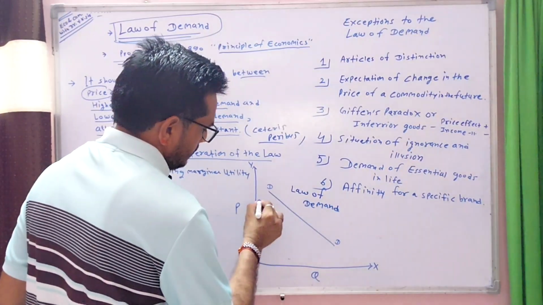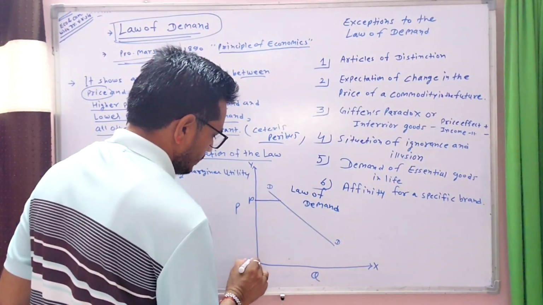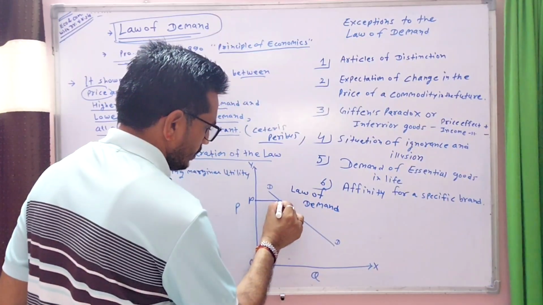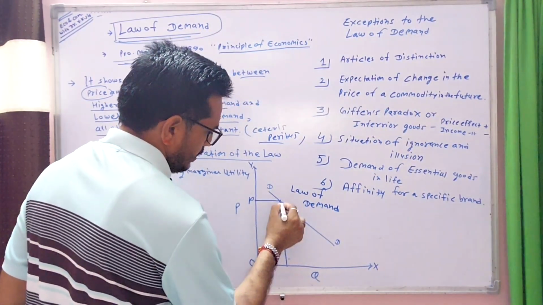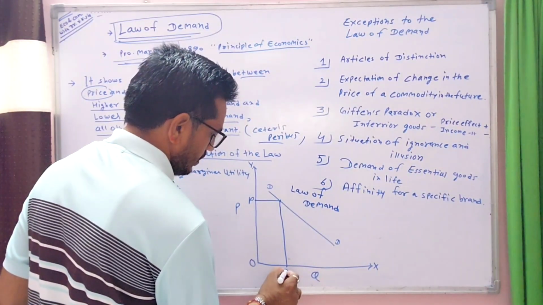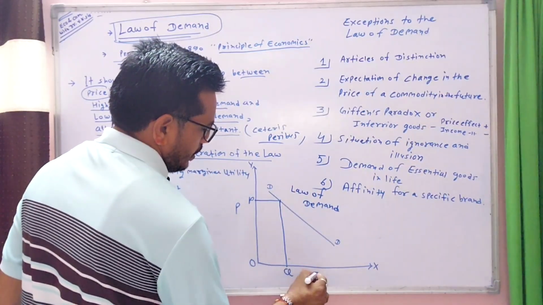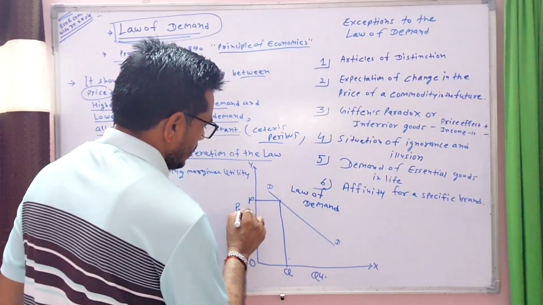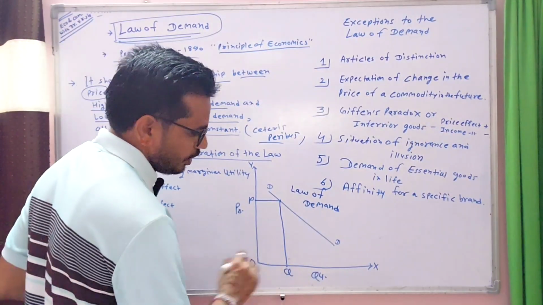We see that if our price is OP, then our quantity demanded will be OQ.